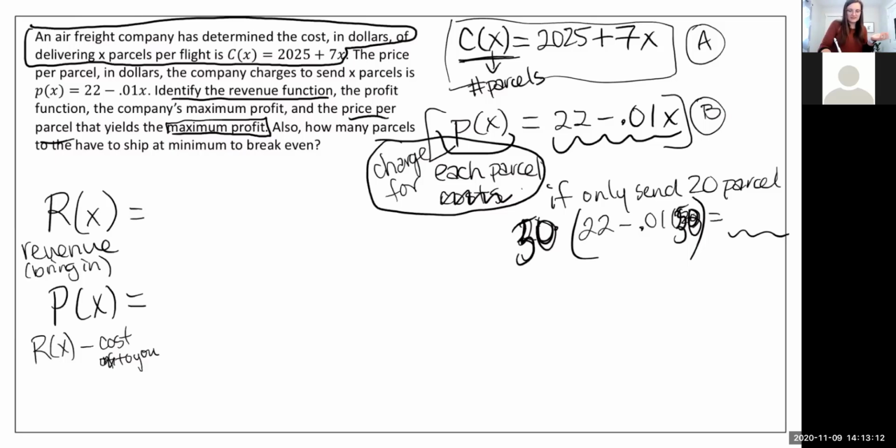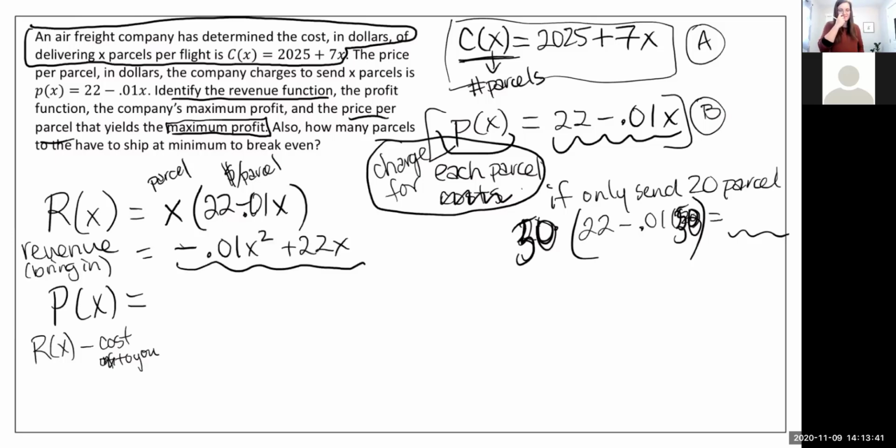So you could see it as, well, you're going to do x parcels times the 22 minus 0.01x. That's going to be how much money you're bringing in, because you're charging this much dollars per parcel. And this is the number of parcels you have. So you get in, I'm going to write it as a quadratic.